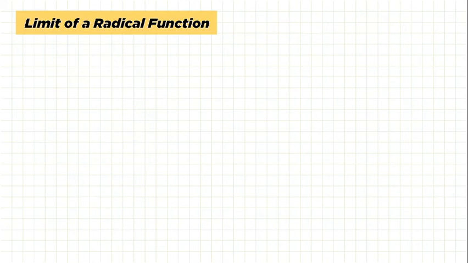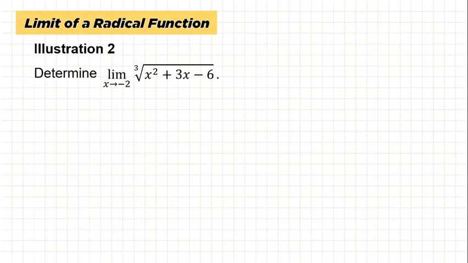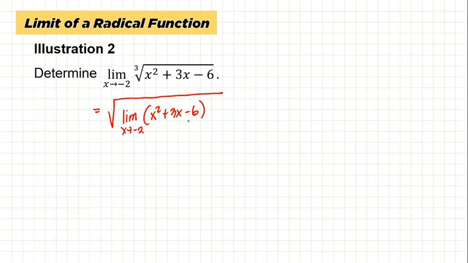Another example, this one. Okay, so here the index is odd, so there's no problem whenever we have an odd index, right? So we have cube root of the limit of x squared plus 3x minus 6 as x approaches negative 2. Again, this one is a polynomial function, so we can just do direct substitution.